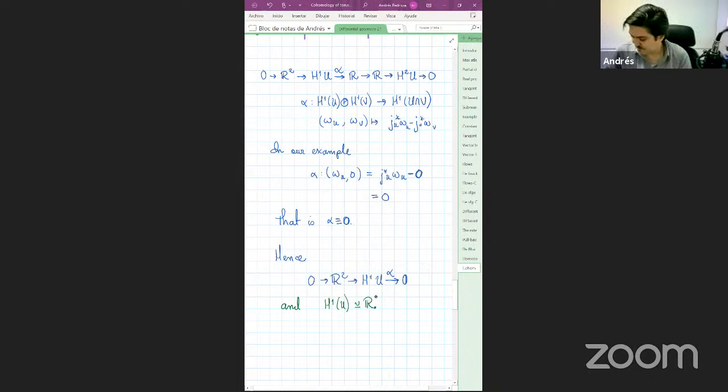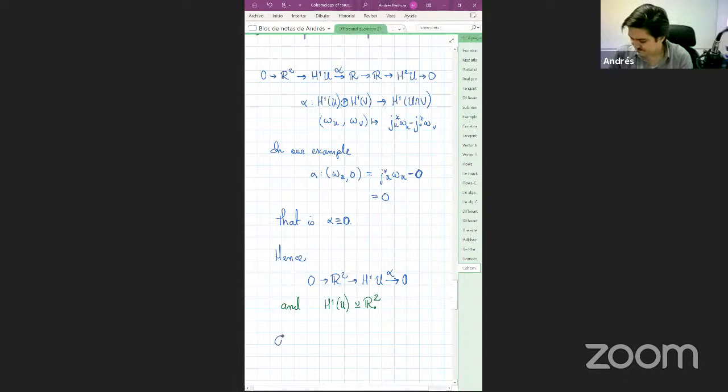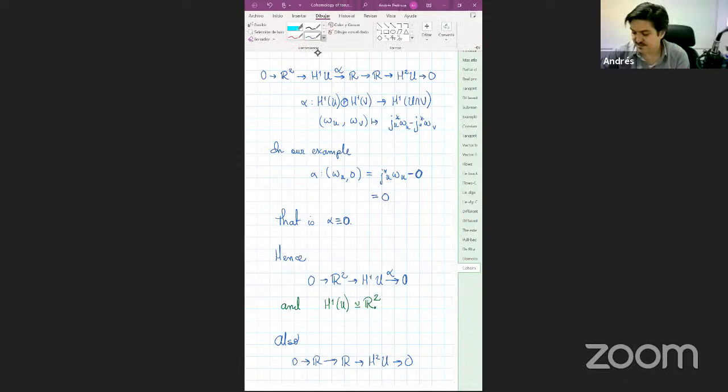Oh, sorry, I'm missing that too here. What else? From the same exact sequence, right? Because this map is the map 0.